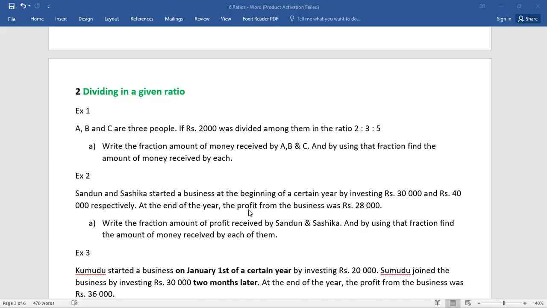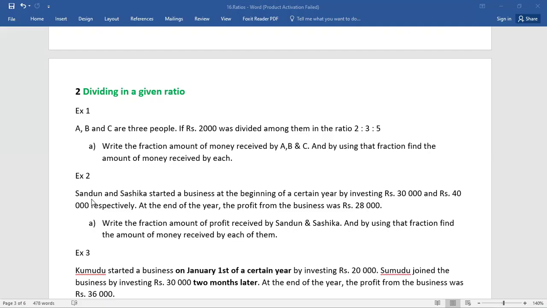At the end of the year, the profit from the business was 28,000. Write the fraction of the profit received by Sandun and Shashika, in simplest form.